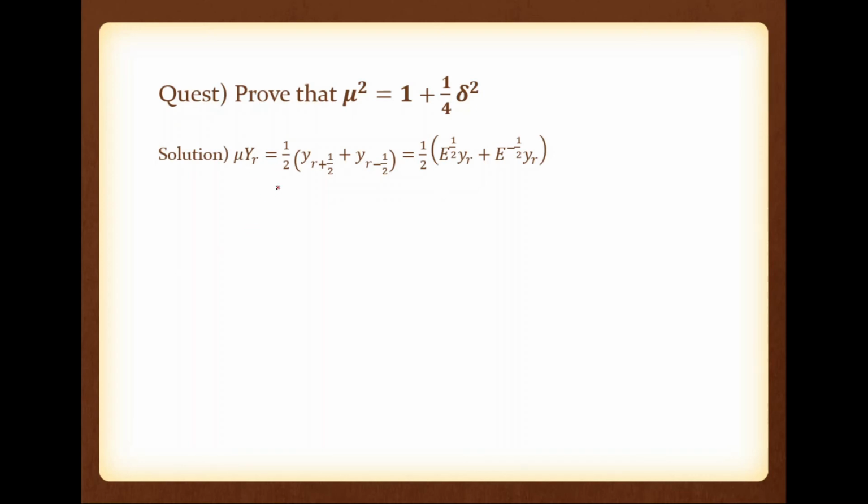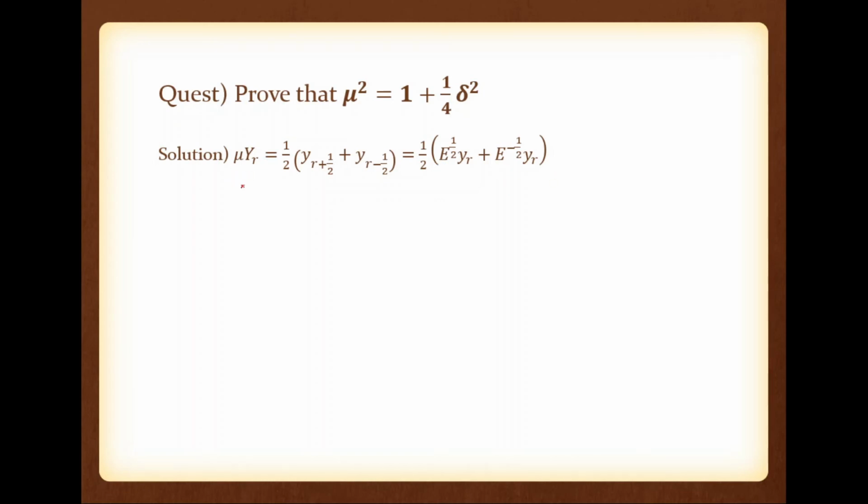So mu yr is 1 by 2 y(r plus 1 by 2) plus y(r minus 1 by 2). So that is equal to 1 by 2 into e raised to 1 by 2 yr plus e raised to minus 1 by 2 yr, because r plus 1 by 2 is e raised to 0.5 yr, plus this is minus 1 by 2, so e raised to minus 0.5 yr, that is the second term.